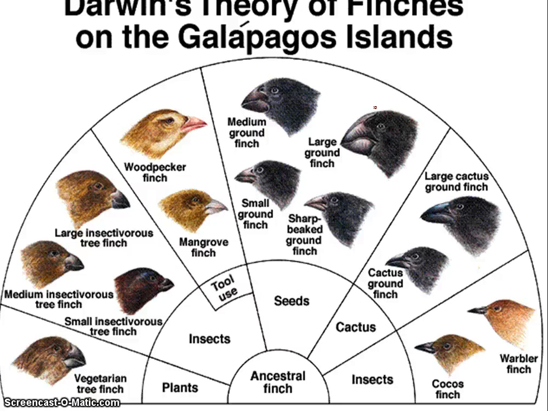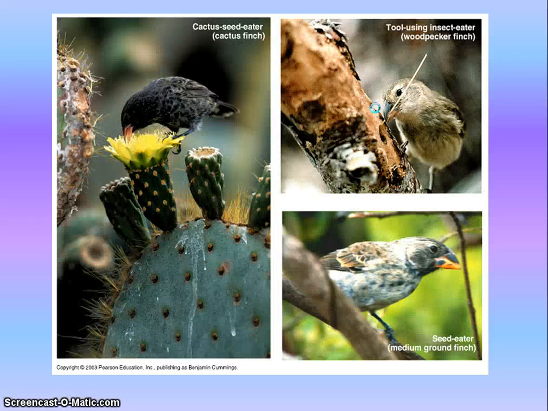So they probably had a common ancestor, but they had to survive and figure out what to eat. Over time, that has allowed the evolution of different species of finches so they can adapt to their food environment. Again, this is just showing you the finches.